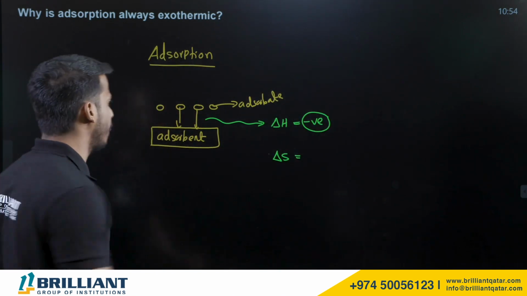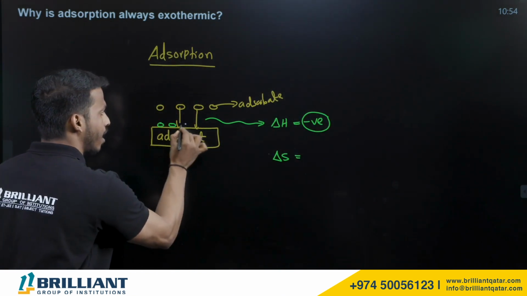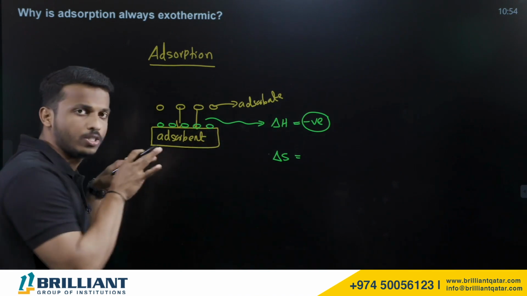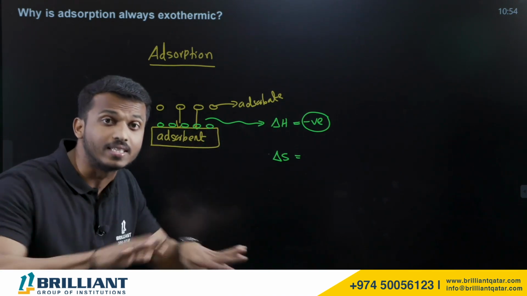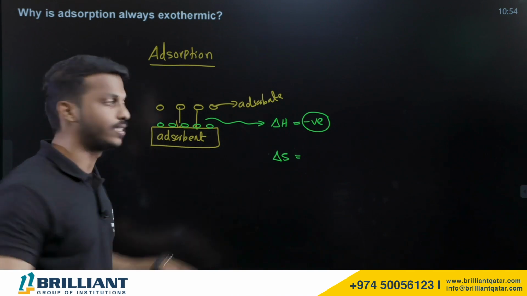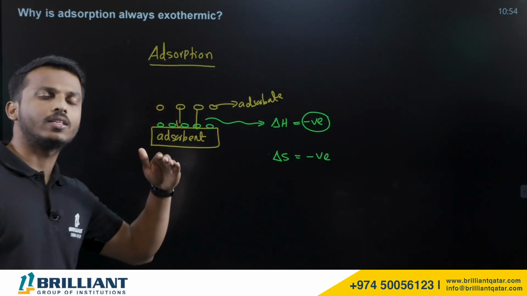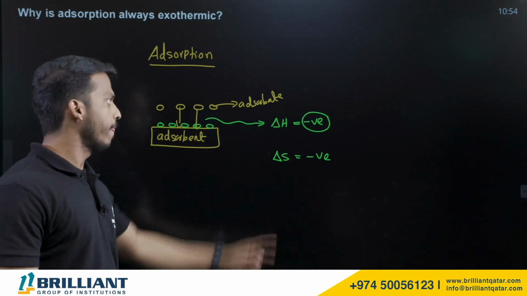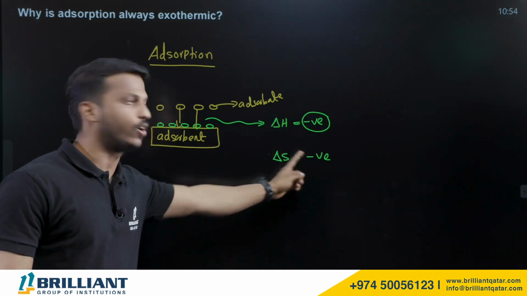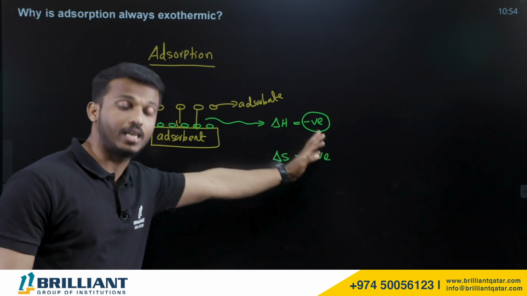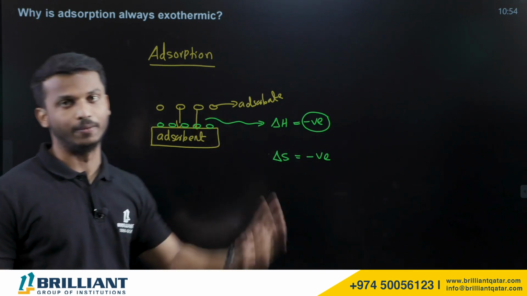After adsorption, their position is fixed and they can't move, and randomness decreases. It means entropy decreases, so entropy is negative. So during a general adsorption process, enthalpy is negative and entropy is also negative.